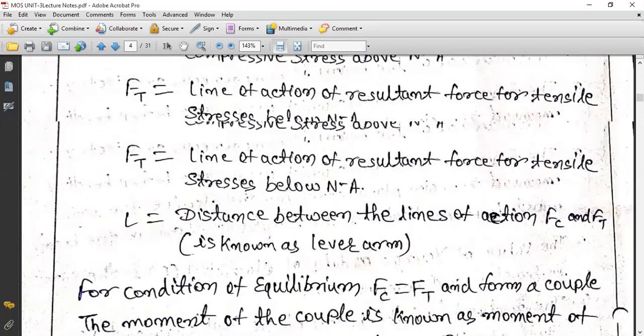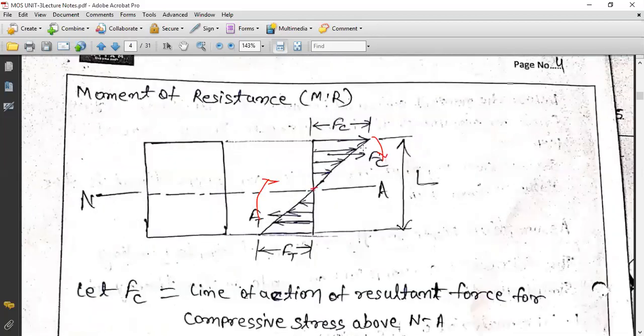When this starts to move in this direction, the same amount of resistance has to be applied. That's why we are taking Fc into L. When you apply the same amount of resistance force, then it will be stationary.